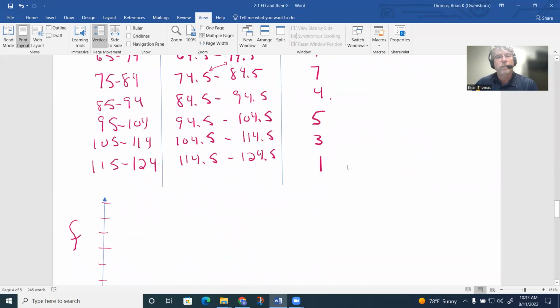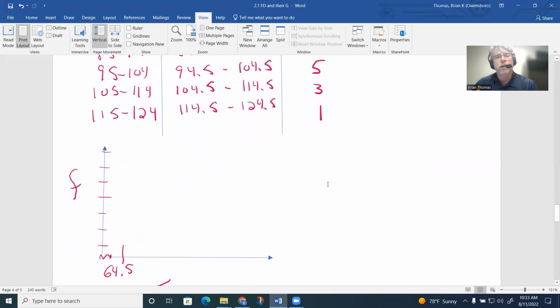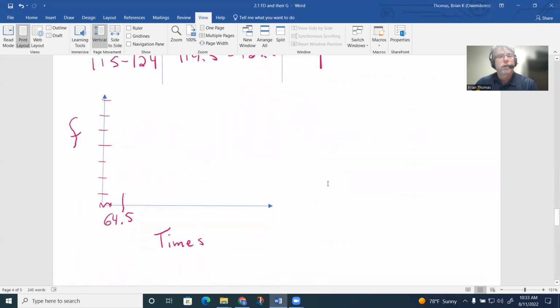So to create a histogram, this is going to be our horizontal scale, and the frequency is going to be our vertical scale. Notice the pulse rate is our horizontal scale, and we had that frequency.